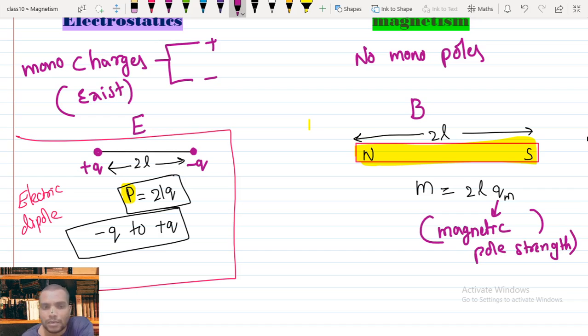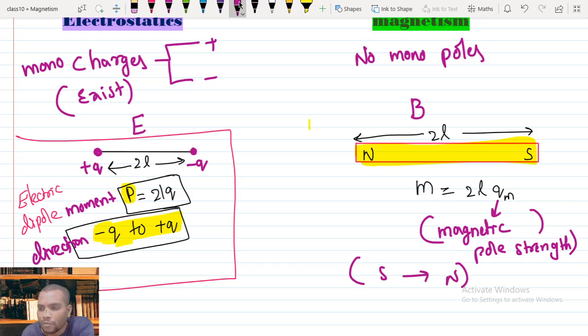Magnetic pole strength. And when it comes to direction, for electrostatics, electric dipole moment direction is from minus charge to plus charge. So this is electric dipole moment. When it comes to magnetic dipole moment, the direction is from south pole to north pole.